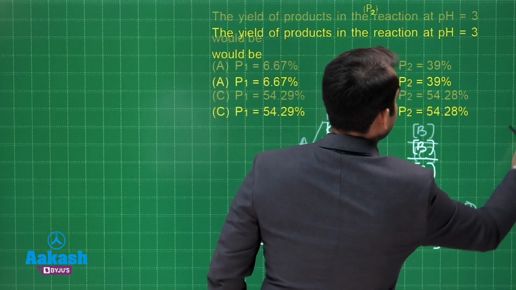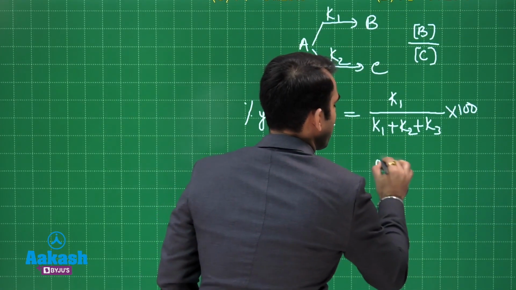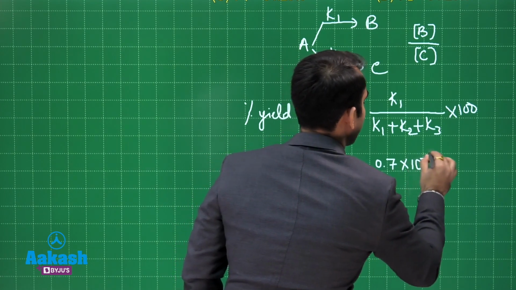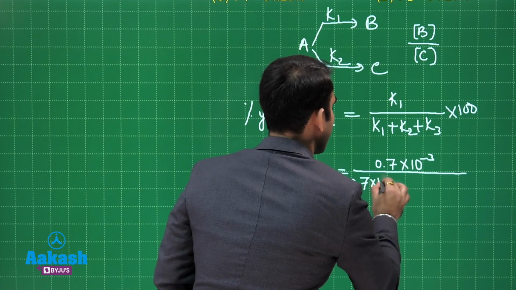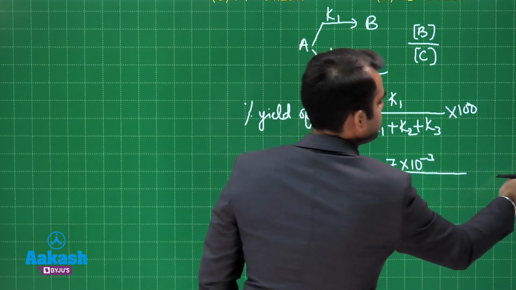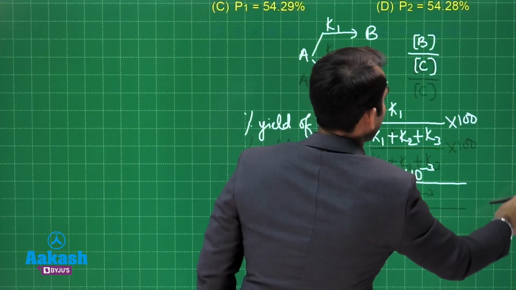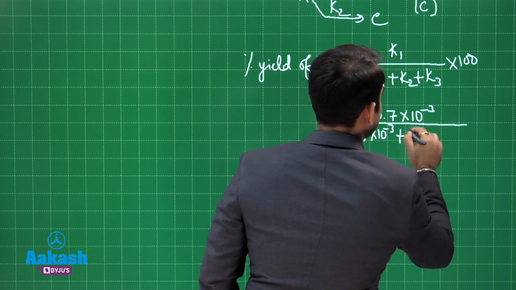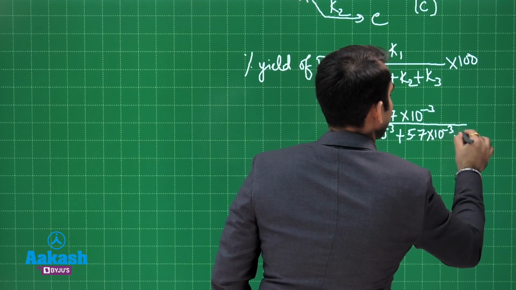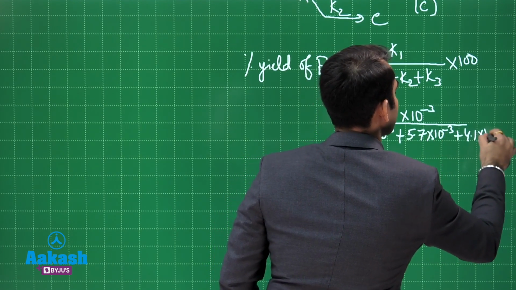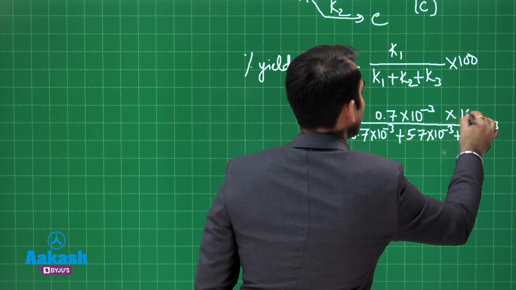Now the value of K1 here is 0.7 into 10 to the power minus 3. This is 0.7 into 10 to the power minus 3 divided by 0.7 into 10 to the power minus 3 plus the other two values, 5.7 plus 4.1, into 10 to the power minus 3, and this is into 100.